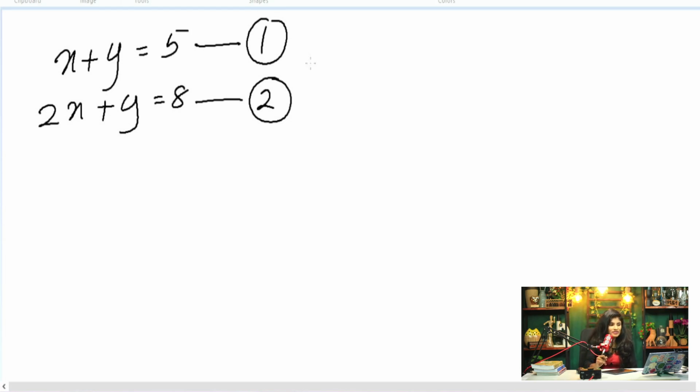In this question, if I take the difference of equation 1 and equation 2, then y will be cancelled out and only x is remaining. Okay, let's check that. I will subtract equation 1 from equation 2.